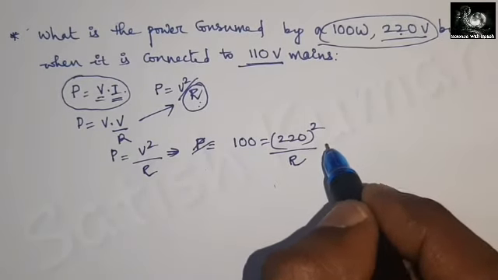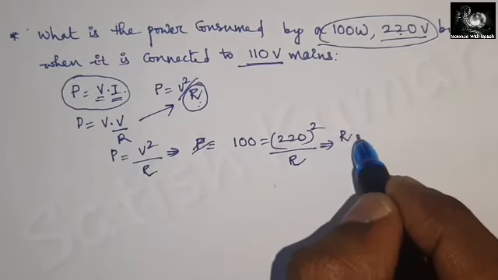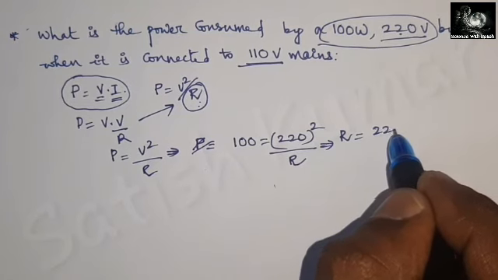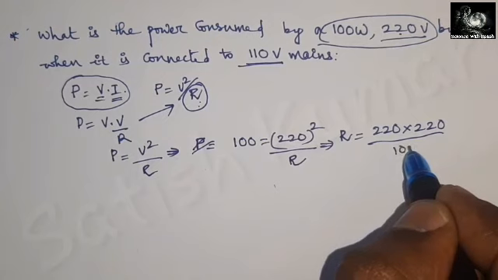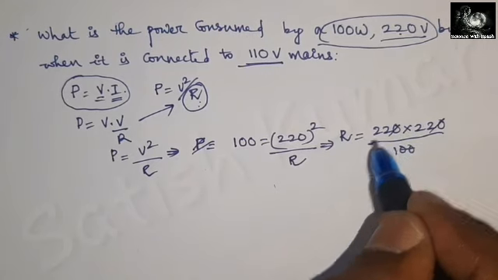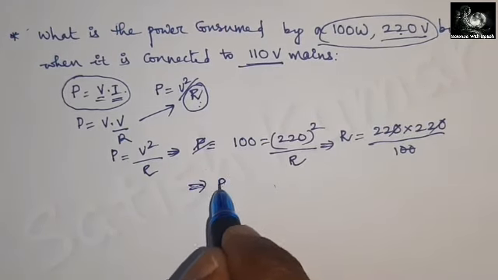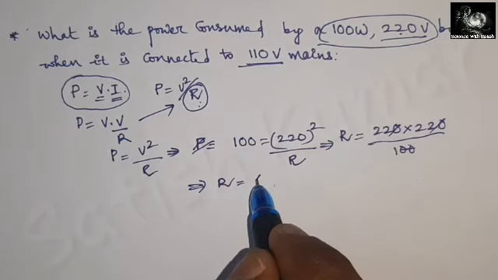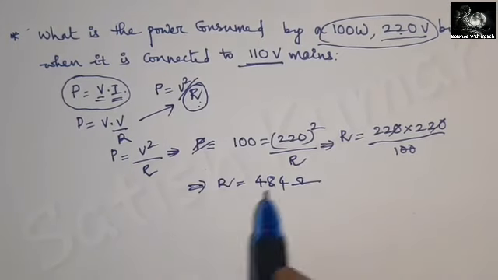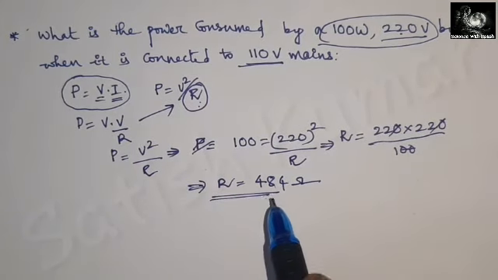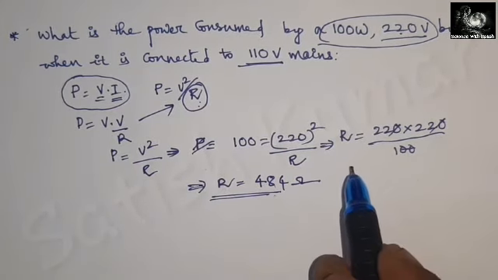From this R is equal to 220 into 220 by 100. 2 zeros cancel, implies R is equal to 22 into 22, which is equal to 484 ohms. This is the resistance. So this resistance is constant.